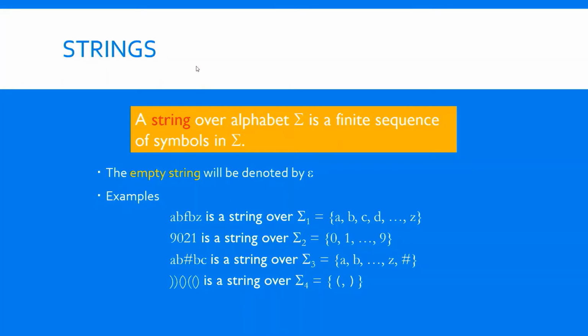So alphabet, string, then a collection of strings is my language. These three we had discussed. If you have understood what a string is, then every alphabet, A, B, or 0, or hash, is also a string of length 1.